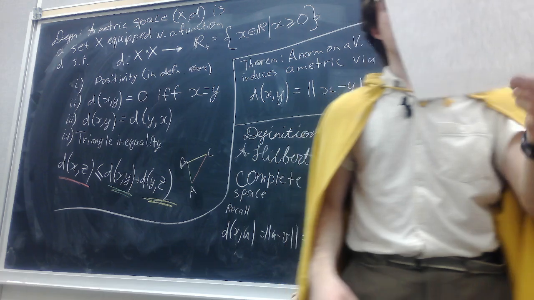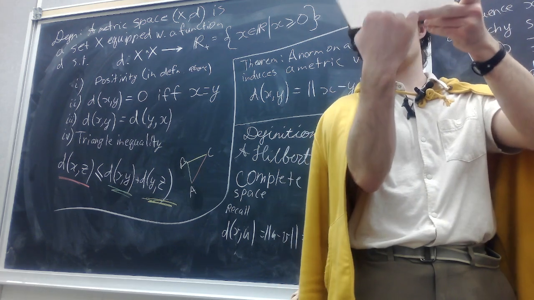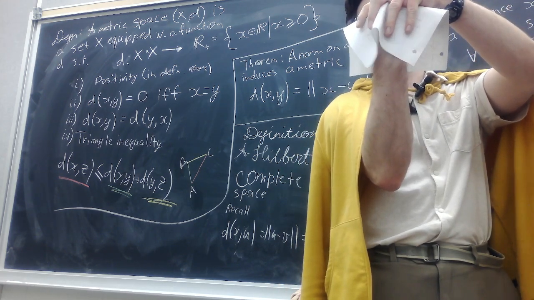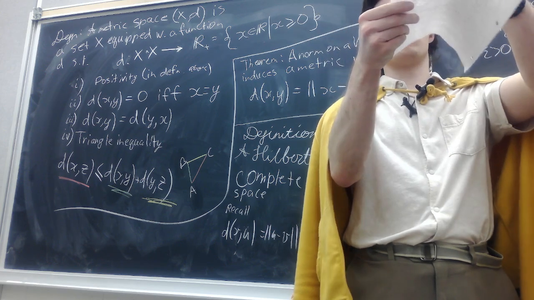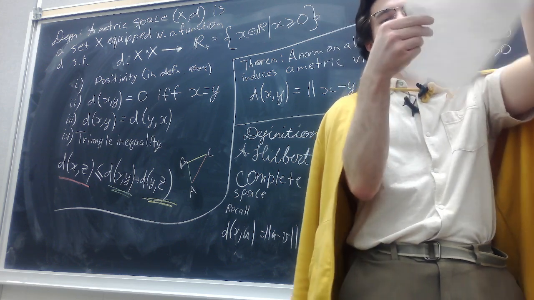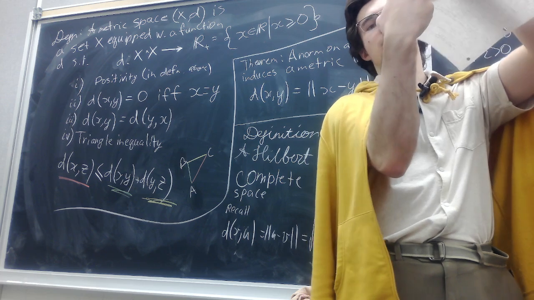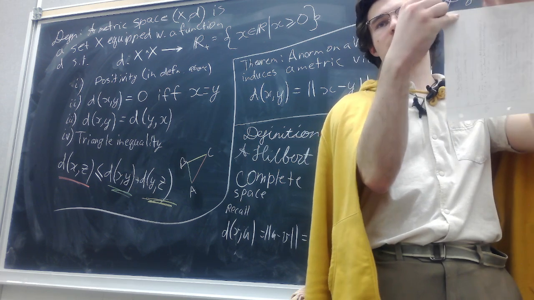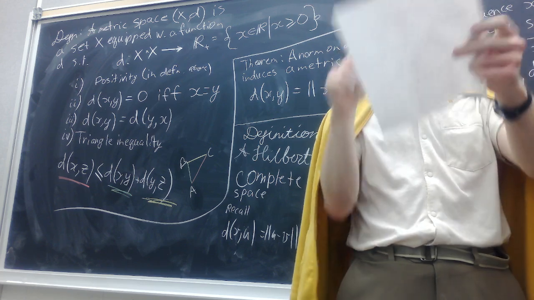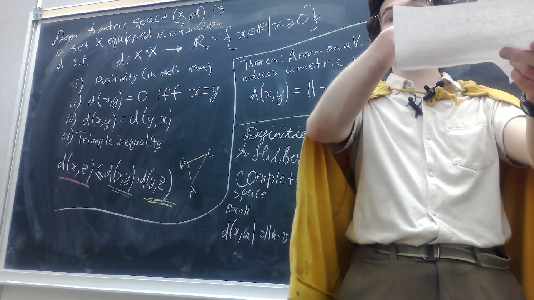But then if I had a plane, what can I do? I can take this plane and wrap it around the sphere, and say this point on the vector space would get mapped to this point on the sphere, and this other point would be mapped to that point on the sphere. Then I can use the notion of distance on the sphere to define a notion of distance on the plane, on the piece of paper.